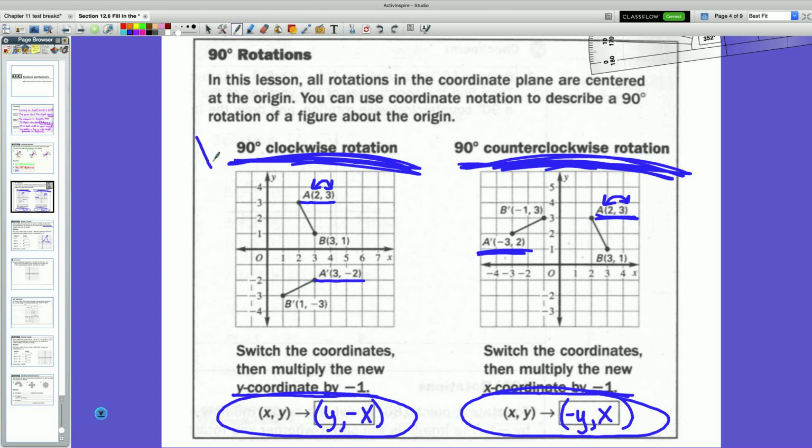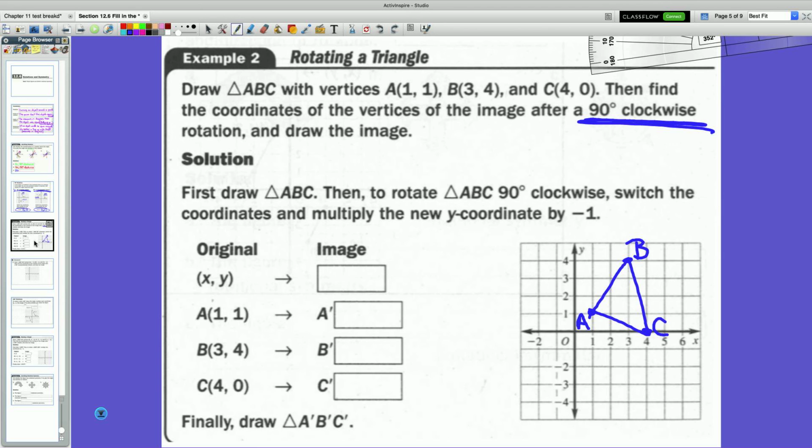Well, 90-degree clockwise, that's this one. (x, y) goes to (y, negative x). So I have to flip-flop, and then change the sign of the second one. So if I flip-flop, A becomes (1, 1), but then I have to change that sign, so this would be negative 1. B prime, flip-flop, so (4, 3). Change the sign, so (4, negative 3).